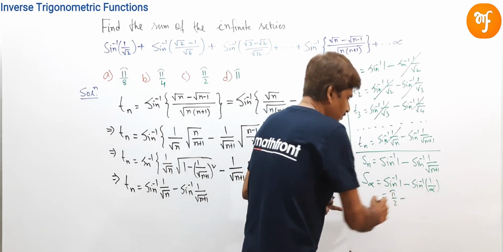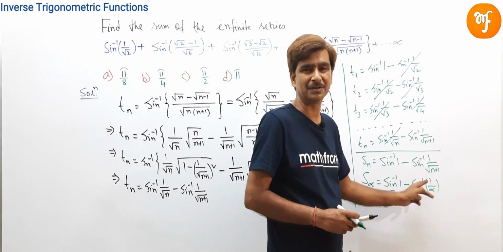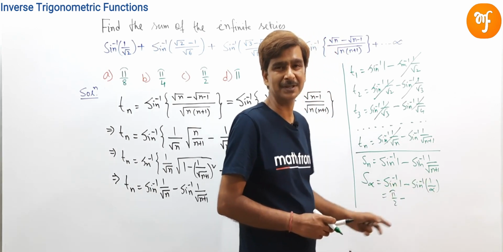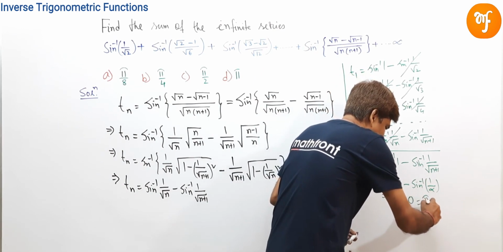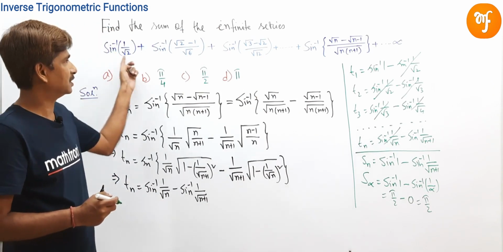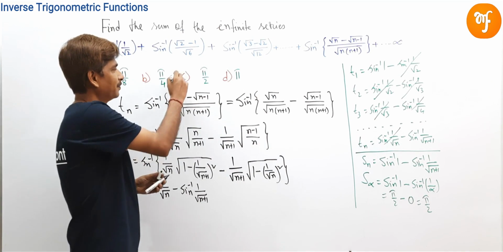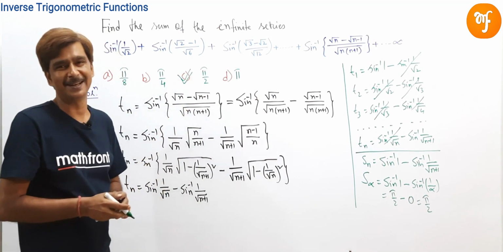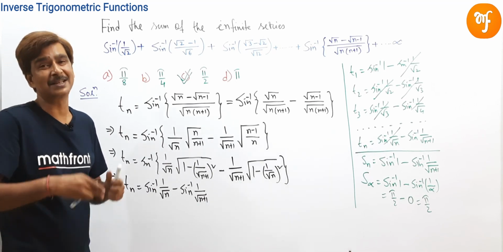It is pi by 2 minus sine inverse of 1 by infinity, which means sine inverse of 0, and sine inverse of 0 means 0. So, our answer is pi by 2 minus 0, that is pi by 2. So, this is our answer. The sum of this infinite series is pi by 2 and this is in option C. So, option C is the correct answer. Okay, clear? Now, come to the next type of question.